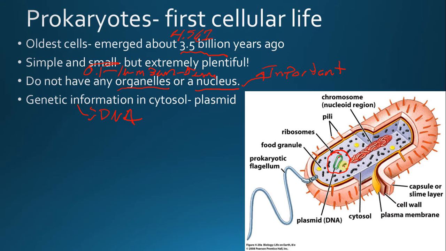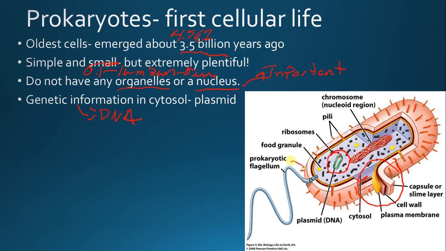Now, looking at this picture, you can see some of the interesting characteristics of prokaryotes we'll talk about quite a bit later in the year. They have a cell wall, much like plants. The outer layer, the capsule, protects the prokaryote and helps them stick on to different organisms, and then they have a double-layered cell wall and a plasma membrane.